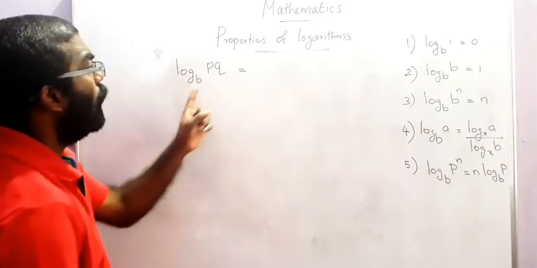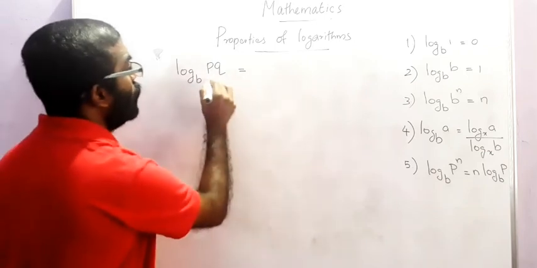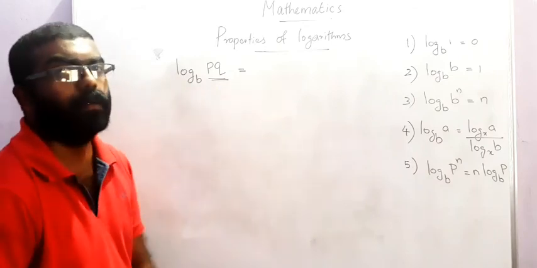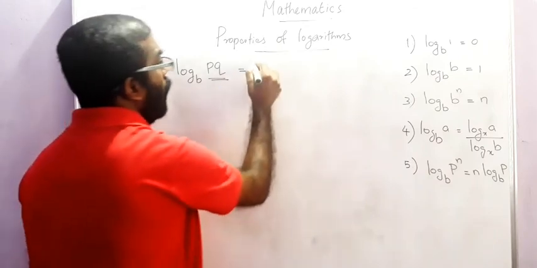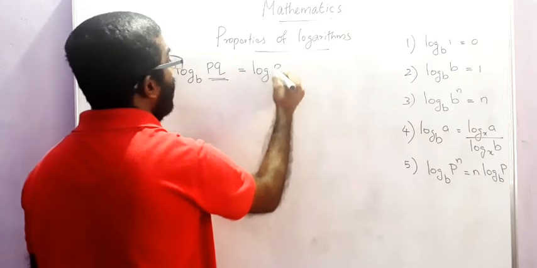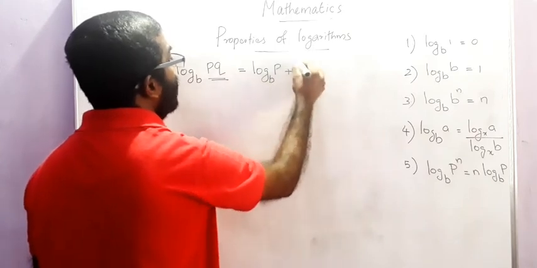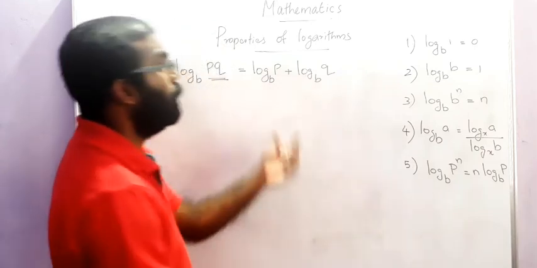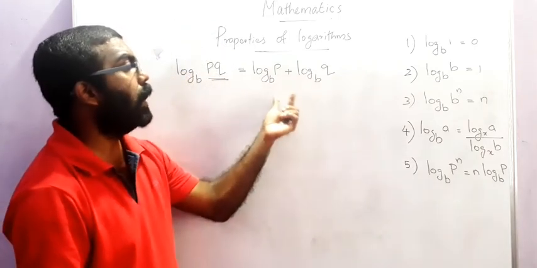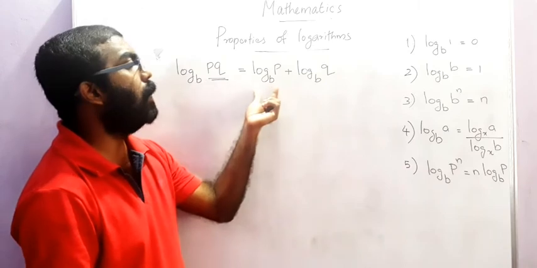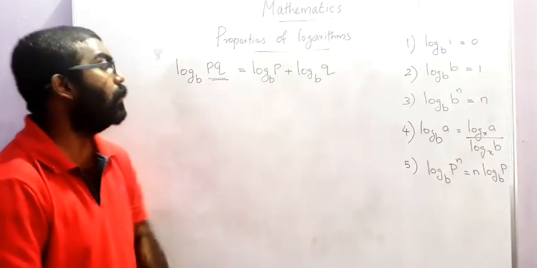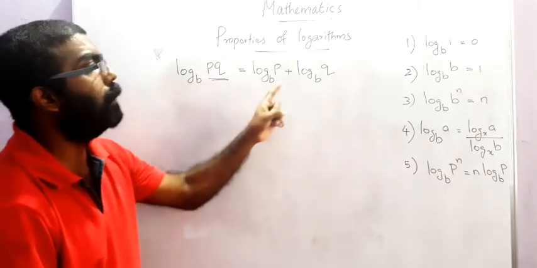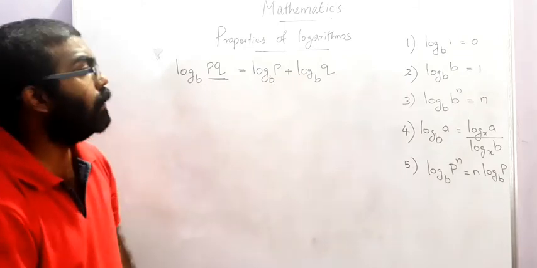Here the logarithm of the product of two numbers p and q can be written as log p to the base b plus log q to the base b. Keeping the same base b, we can split it as log p plus log q.